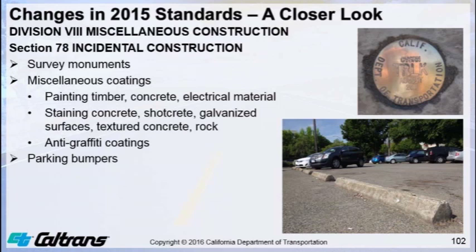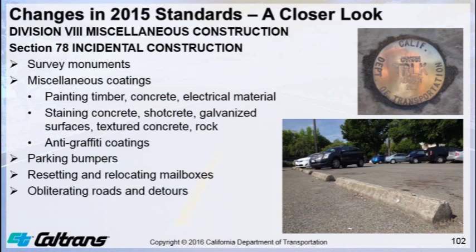Parking bumpers from 2010 standard special provisions was moved into here. And we also moved from section 15 the relocating and resetting of mailboxes into the incidental construction section. And last, obliterating roads and detours were moved here from section 15, existing facilities.